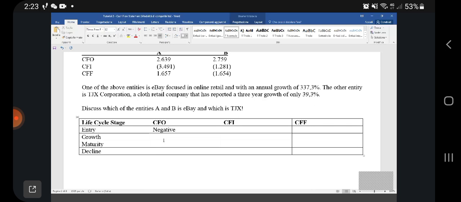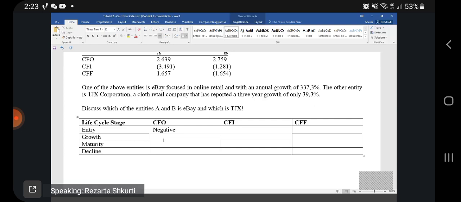So usually you will recognize a company which is new to the market, in the entry stage, because it will usually have a negative cash flow from operations. Why? Because it is a new company. It still doesn't have a lot of customers.